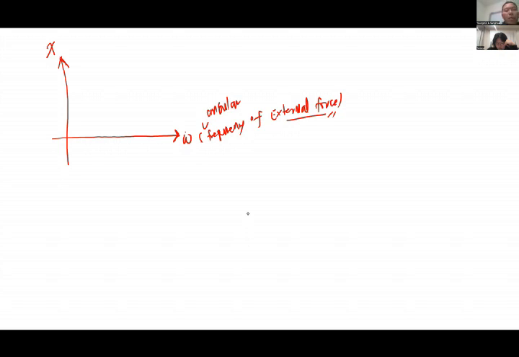You can put 1, you can put 10, you can put 100. So this is a parameter of your control. If you just change that omega of the external force gradually, at some point that omega will meet omega naught, which is the characteristic angular frequency, or system angular frequency.